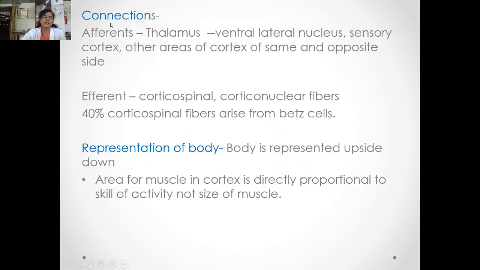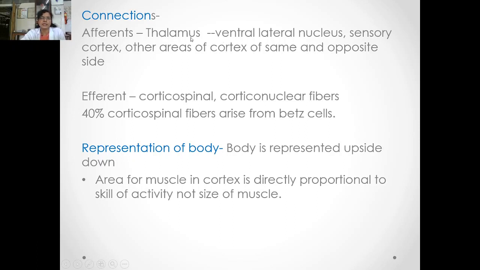Then the next point is the connections of this area. That means it receives fibers, the afferents, and it gives rise to fibers, the efferents. The afferents to this area are mainly from the thalamus, specifically the ventral lateral nucleus of the thalamus, which receives fibers from the cerebellum; the cerebellum is connected to the cerebrum through this ventral lateral nucleus.